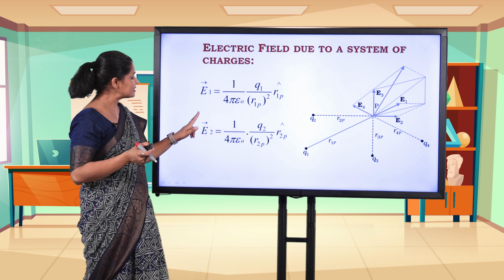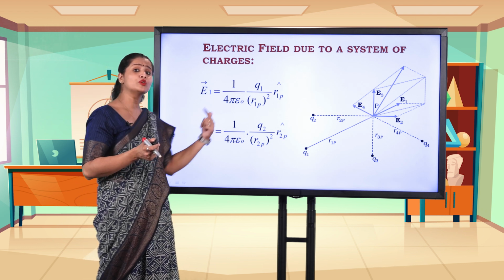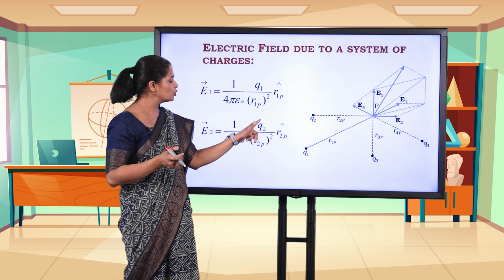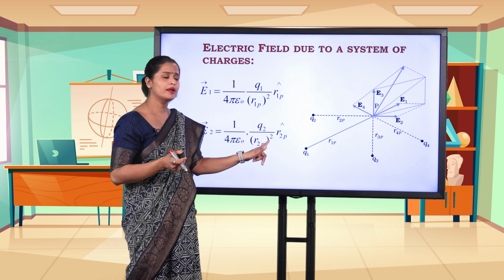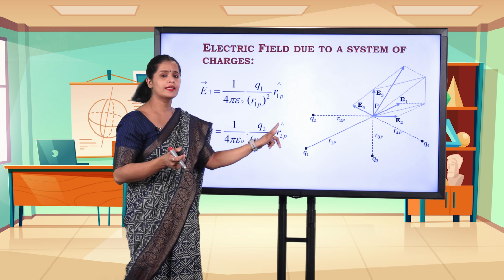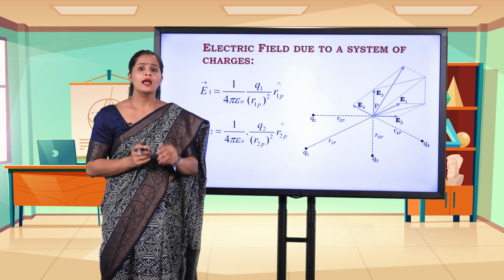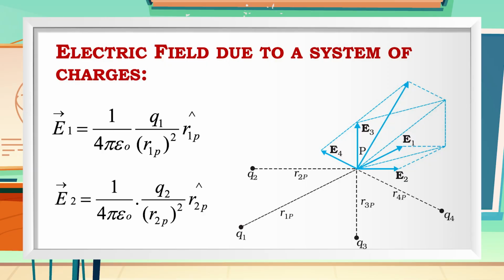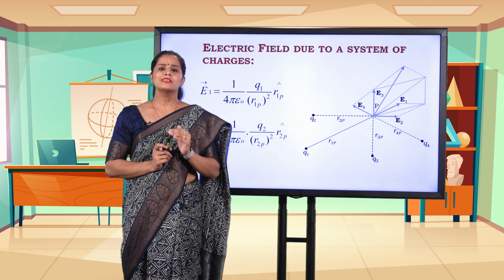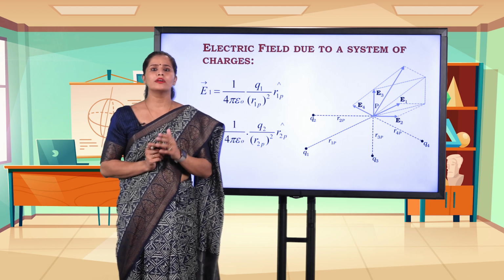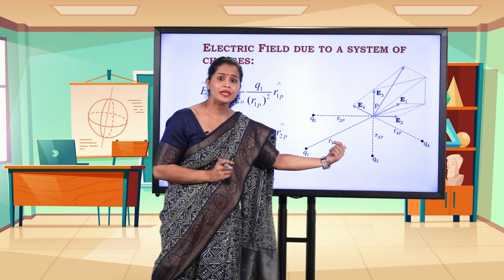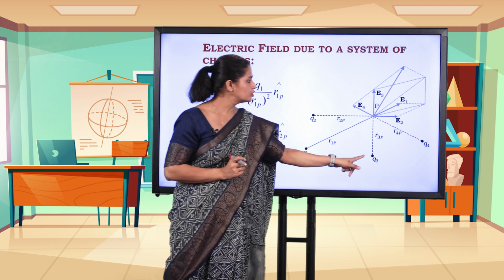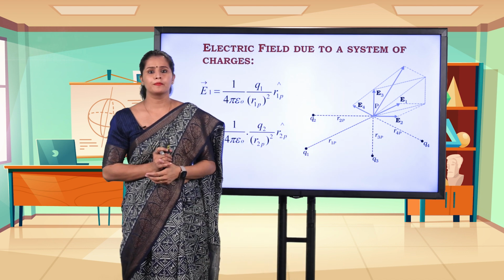Similarly, the field due to Q2 will be 1/(4 pi epsilon naught) times Q2 upon R2p squared, multiplied by the unit vector R2p, where R2p is again a unit vector in the direction from Q2 to P. Similar expressions hold good for the electric fields E3, E4 and En due to charges Q3, Q4 up to Qn.